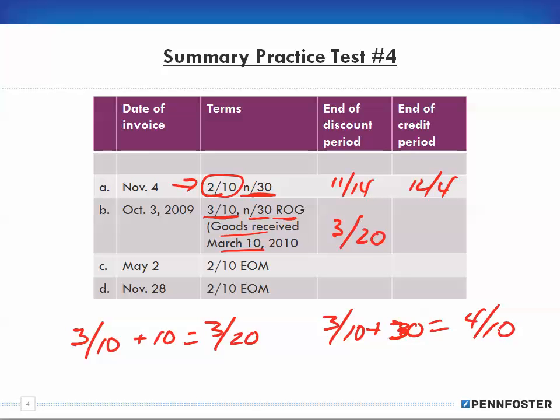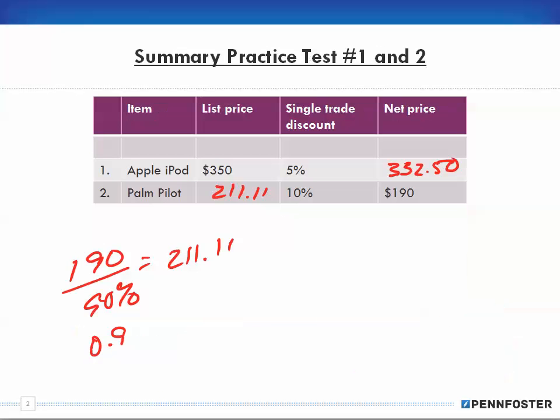Since there's 31 days in March, I have to take off 1 day, so I end up with 4/9, because from March 10th to April 10th, that's actually 31 days. So it's easier just to go 3/10 plus the 30 days gives me 4/10, and then look at how many days are in the month. So for that, April 9th.